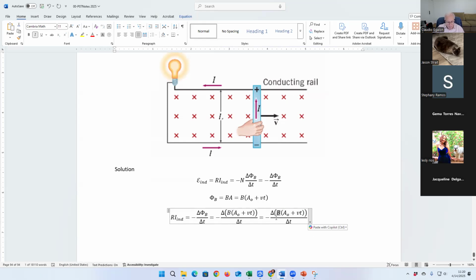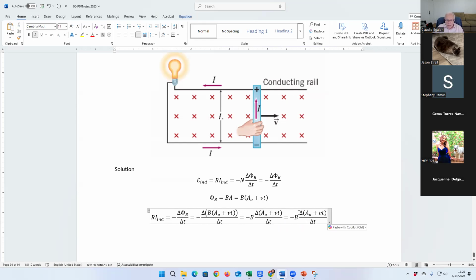Consequently, this B factor here can be taken out of this delta t. And now I'm going to need only one parenthesis. We apply this operator here.